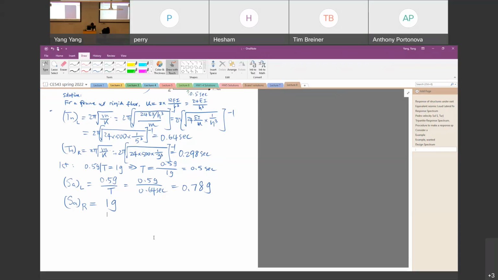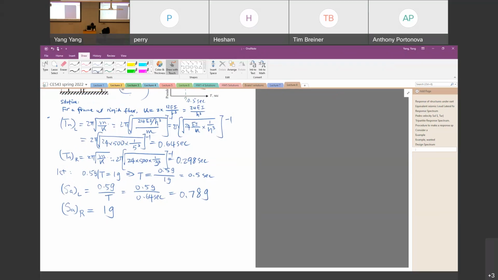So the SD in this case is equal to SA over omega n squared, which is SA over 2 pi over Tn squared. Yes, we just go ahead.